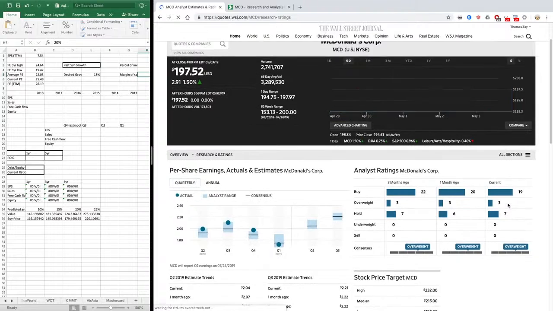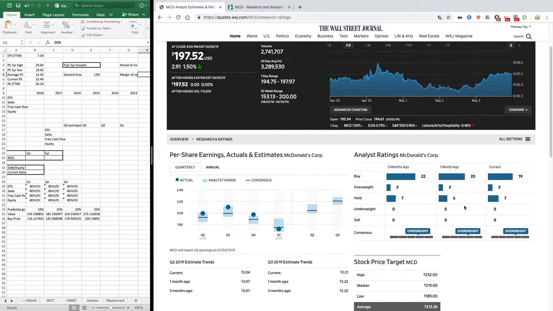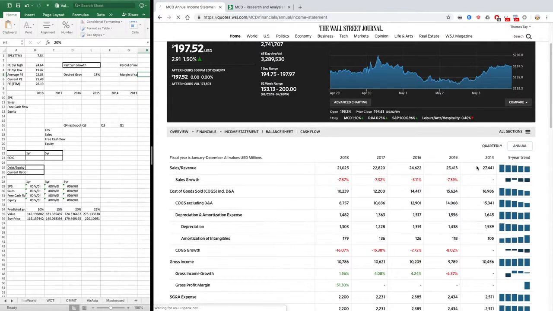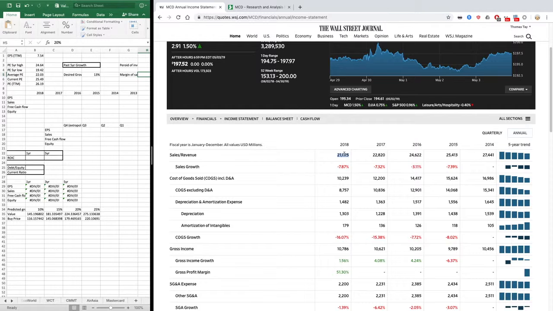Analyst ratings, most are saying buy. Okay, let's see. Look at the financials, income statement. Over here, you can get the sales or revenue for the past 5 years. So we'll just copy this over.